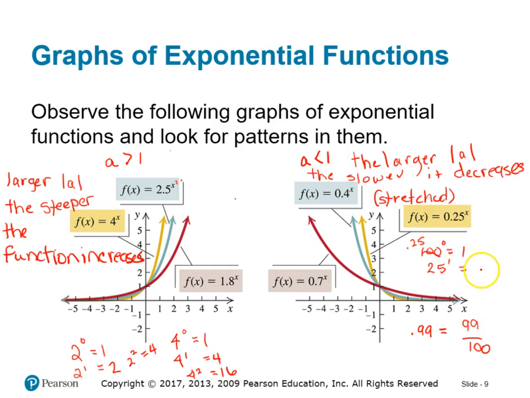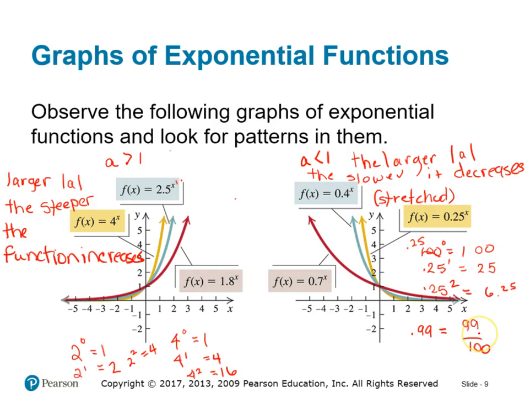Now I'm going to have only 25 of these left, or 25%. And then I'm only going to have a quarter of that. I'd have about a little bit, 6 1/4, right? So for my 0.25 to the second, we're talking about a 6 1/4 of whatever it is I'm talking about, right?